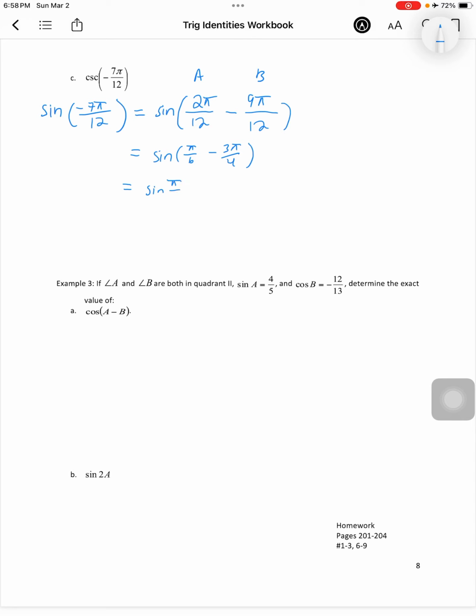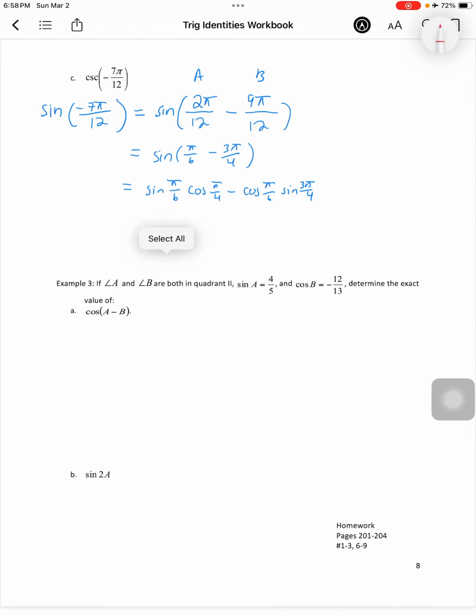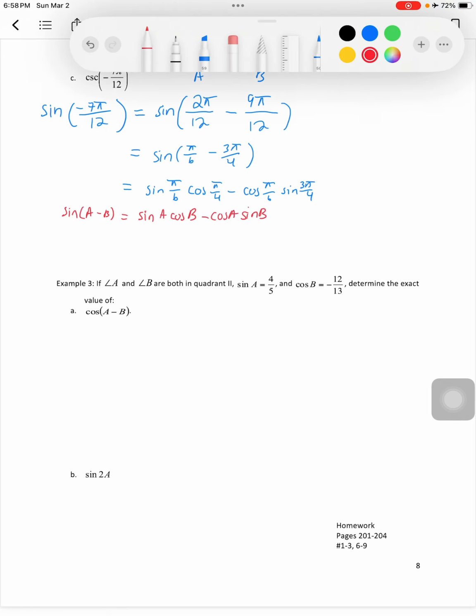And then that's going to be the same thing as sine pi over 6 cos pi over 4 minus cos pi over 6 sine 3 pi over 4. And if I'm going too fast, I'm just going to write it in the bottom here. This came from sine a cos b minus cos a sine b. So we're just substituting it in.